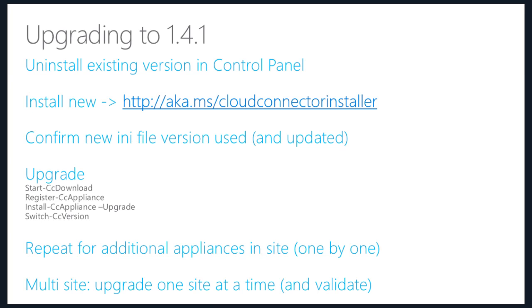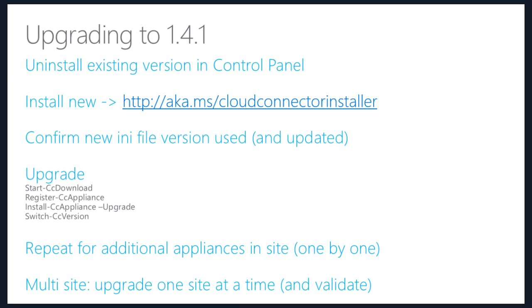Upgrading to 141 follows the following process. We uninstall the existing version in Control Panel. We go and install the new bits from the AKMS Cloud Connector Installer, the link that you see here. And then the most important part, confirm that you are using the new INI file and that you've updated it appropriately, right? The Cloud Connector INI file is the key to the deployment of CCE.